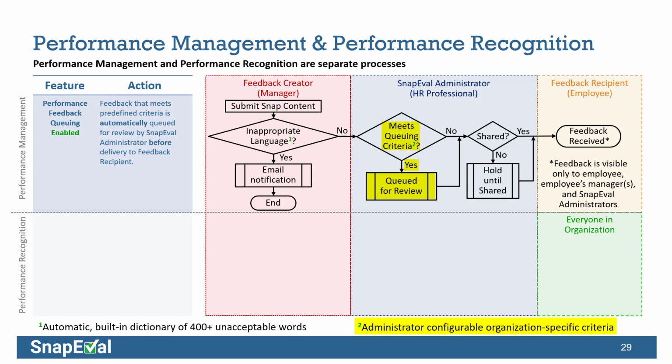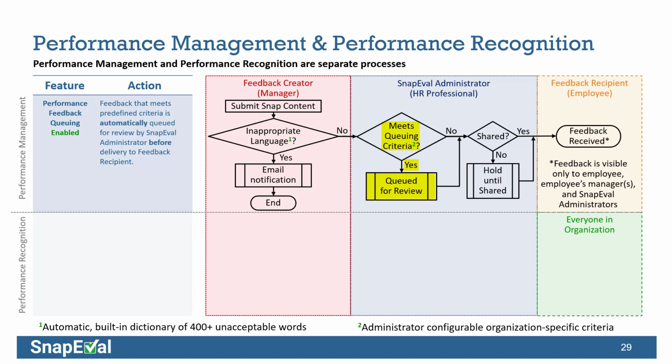Another example would be the lowest level of achievement. If you created a snap that was needs improvement type of achievement level, that could be a criteria that the organization administrator has set for feedback queuing. Now, just because a snap is queued for review doesn't mean you did anything wrong. Sometimes the negative sentiment analysis tends to be a little bit sensitive, and things that really aren't negative will get queued for review.